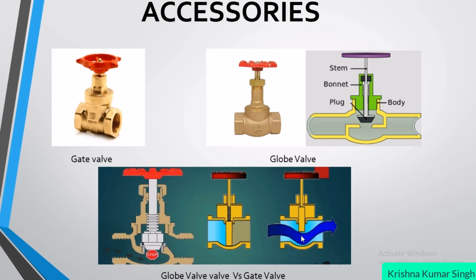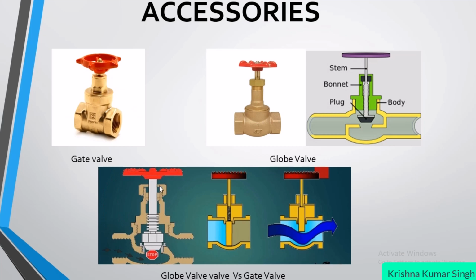But if you stop in between, the fluid forces will destroy the gate of this valve, so it may be damaged. Therefore, if you want to use a gate valve, you have two choices: either you fully close this valve and stop the fluid, or the other option is to fully open the valve.